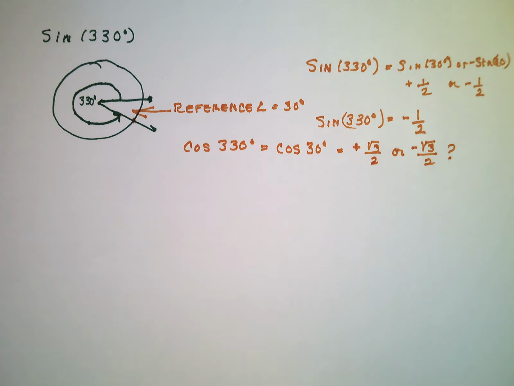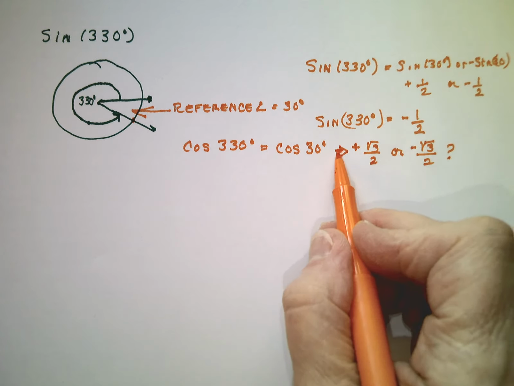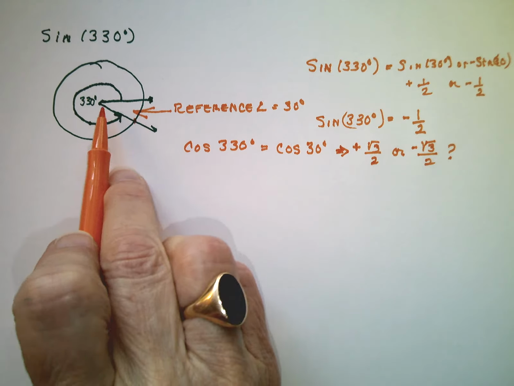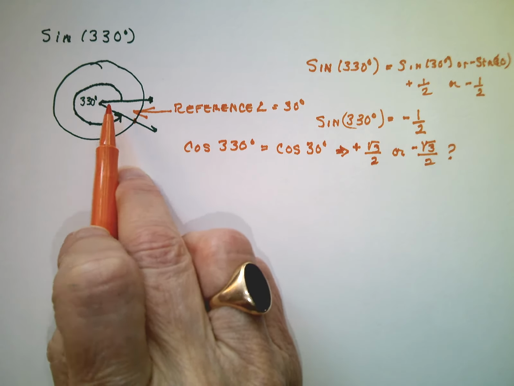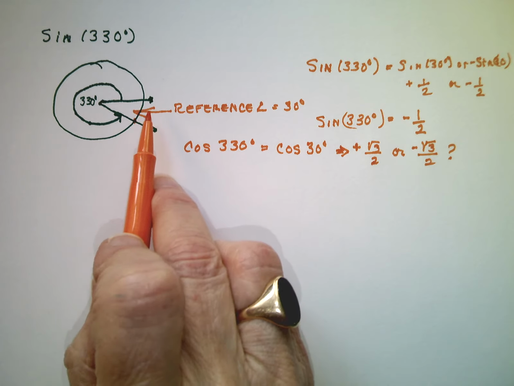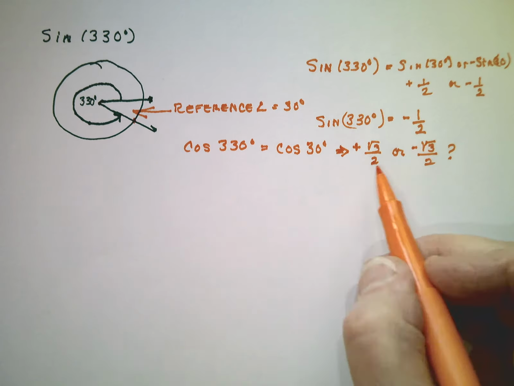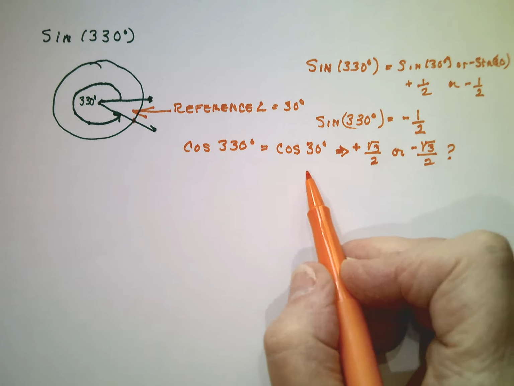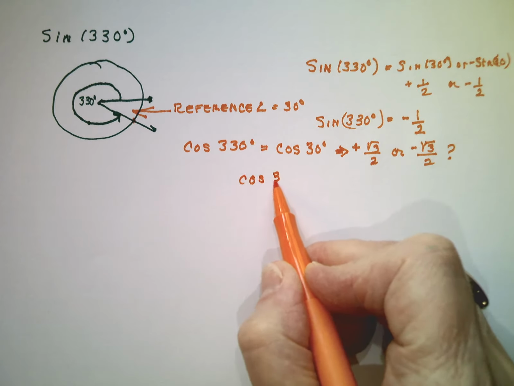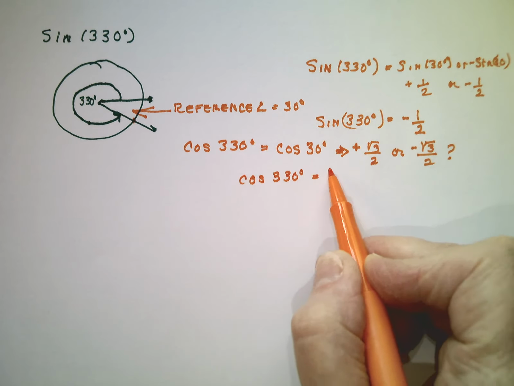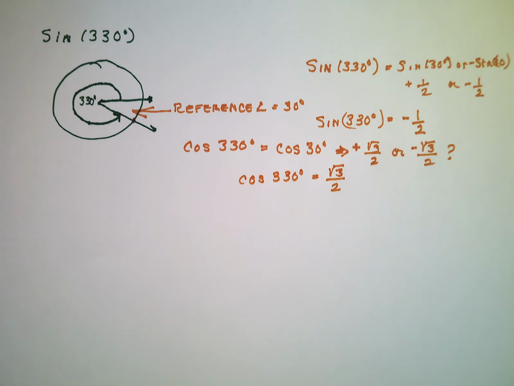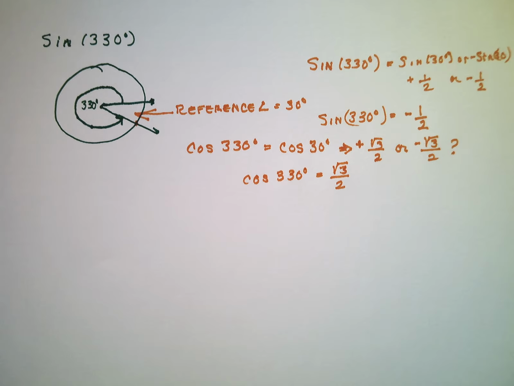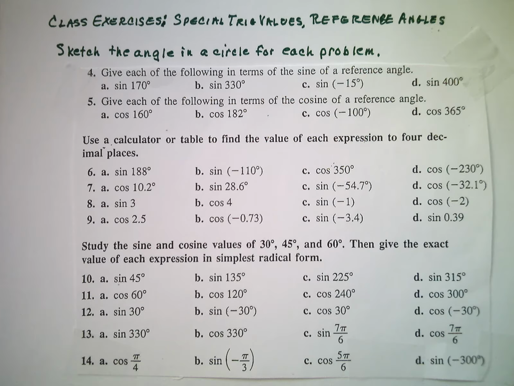Which one shall it be? Well, in this location, cosine, remember, are the x's. We're over to the right of the origin, so the x's, the cosines, are positive. In this case, the cosine of 330 degrees is going to be the positive square root of 3 over 2.